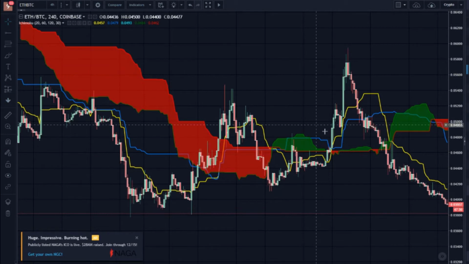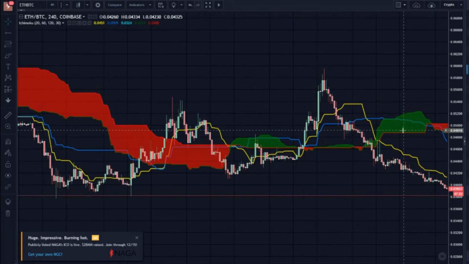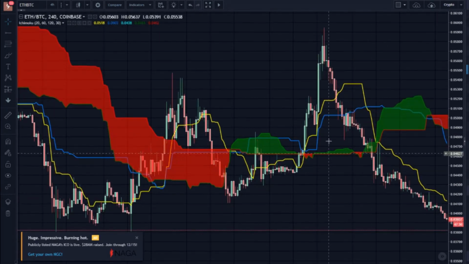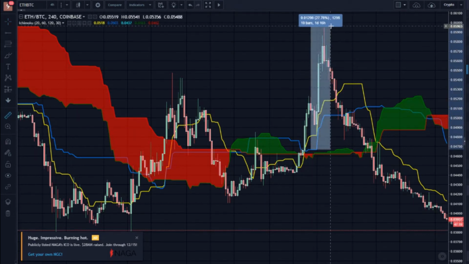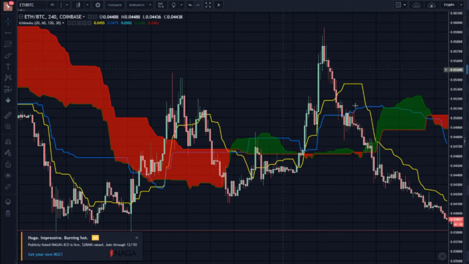So the safer side with more confirmations would be a little bit into November the 22nd, actually 11/22 here. We have a TK cross that happens above the cloud. It's a nice angle going up, and you can see this huge run up here. That's about 30% there. So again, that's not a bad day trade.